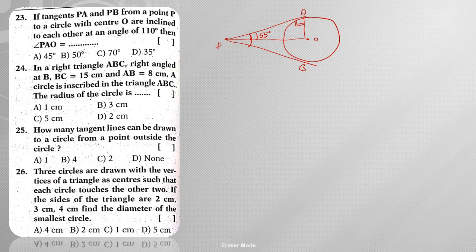If angle POA is asked, then it is given by 90 degrees minus 55 degrees, because this angle is 90 degrees and this will be the complement of the other angle. So 90 minus 55 is 35 degrees.